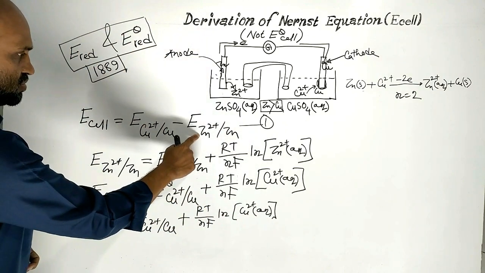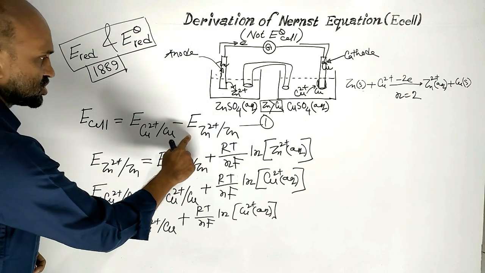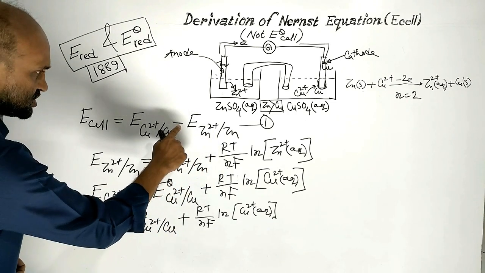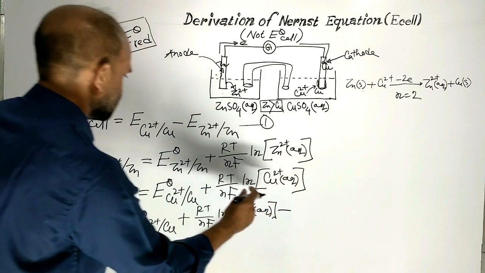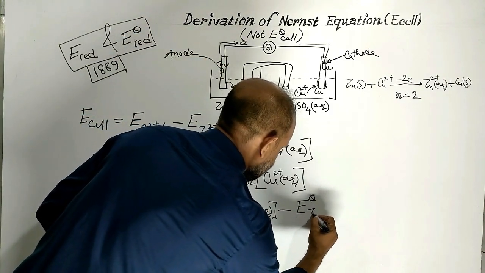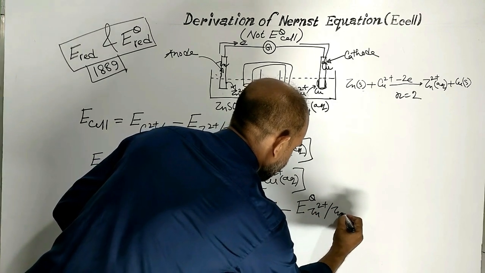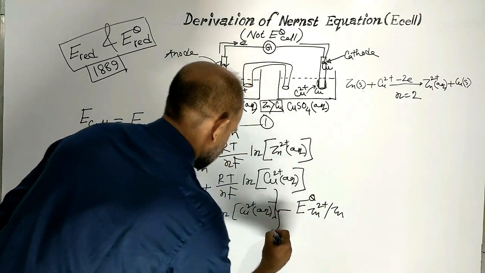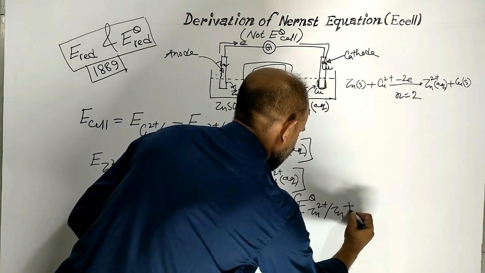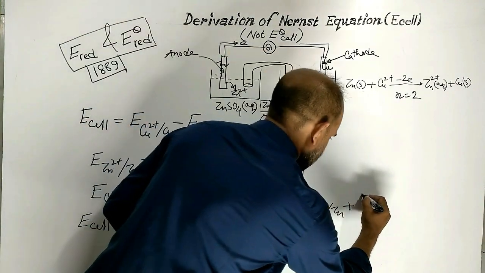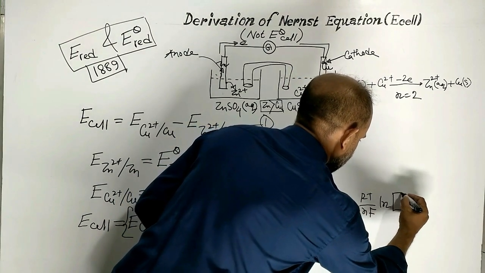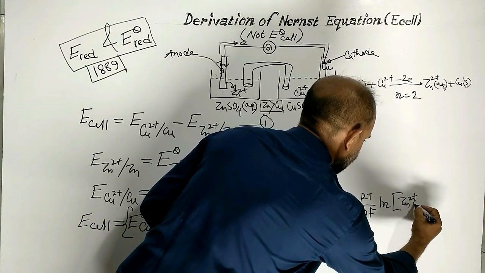Then the value of non-standard state reduction potential of anode, with a minus sign: standard state reduction potential of anode plus RT by NF ln concentration of zinc ion.